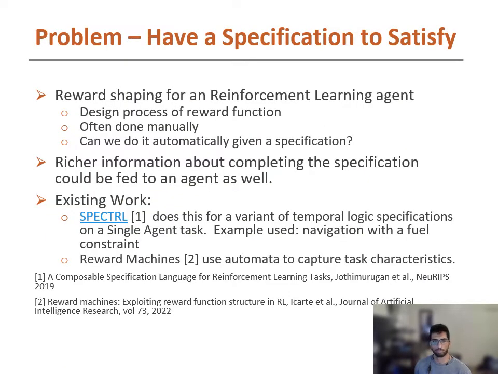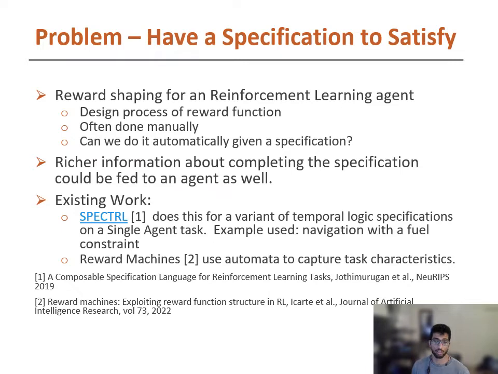Consider a system where we have a specification that we need to satisfy, and say we want to use reinforcement learning for that. Now, reinforcement learning needs a reward signal to characterize the good behavior from the bad behavior. And so here we often use reward shaping to make this easier to show to the agent.